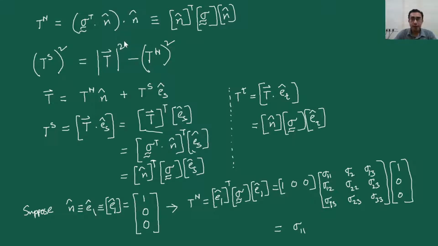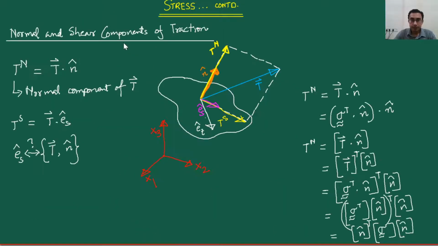Rather, we want to take a slightly different approach in order to get a better physical insight of whatever is happening with stresses and tractions. So let us look at this picture. Our question is, what should be the direction of n hat such that the value of this Tn is maximized? Now forget about all the formulas, all the matrix representation, everything.